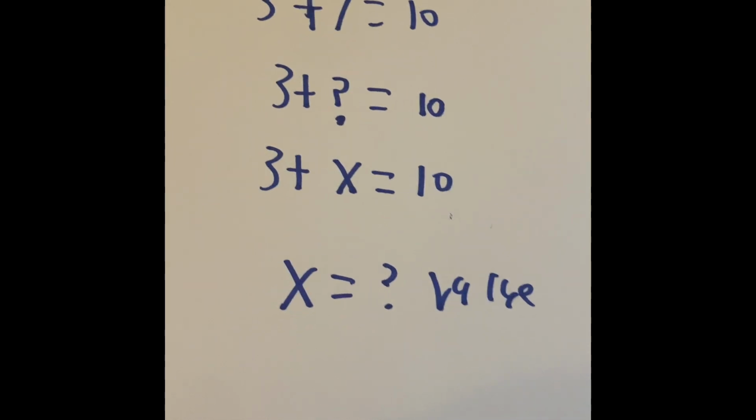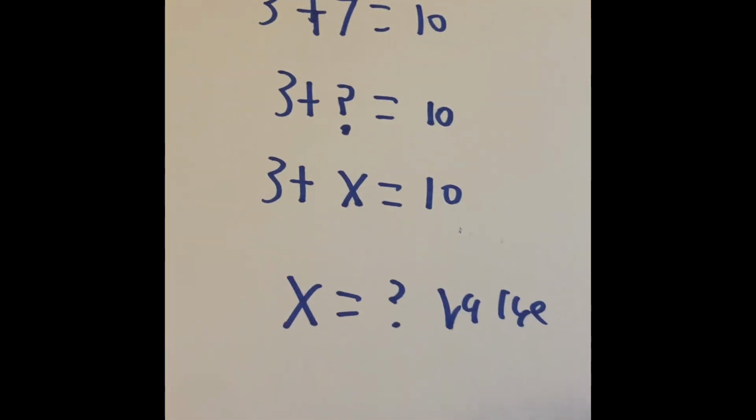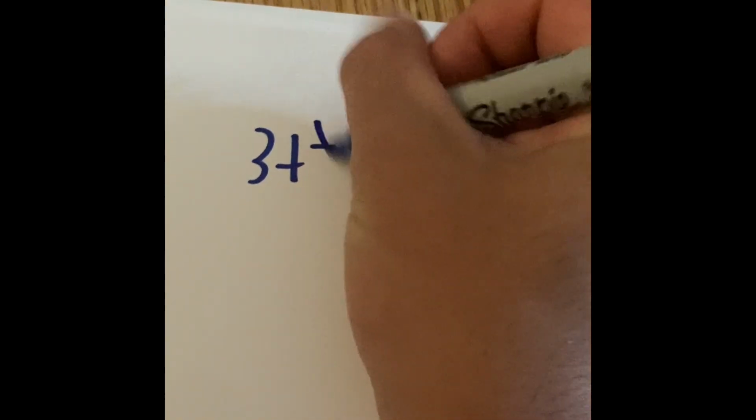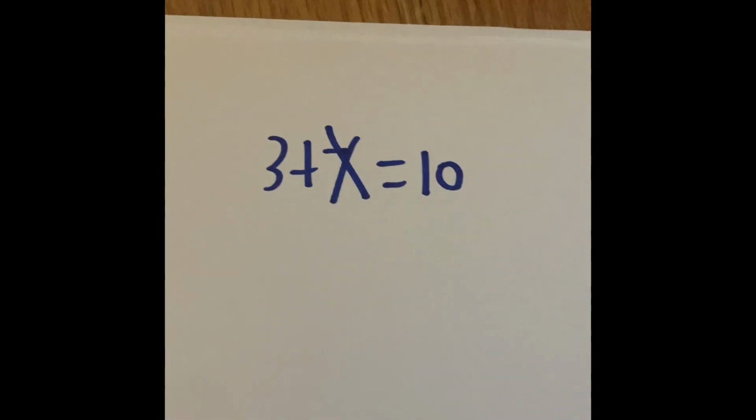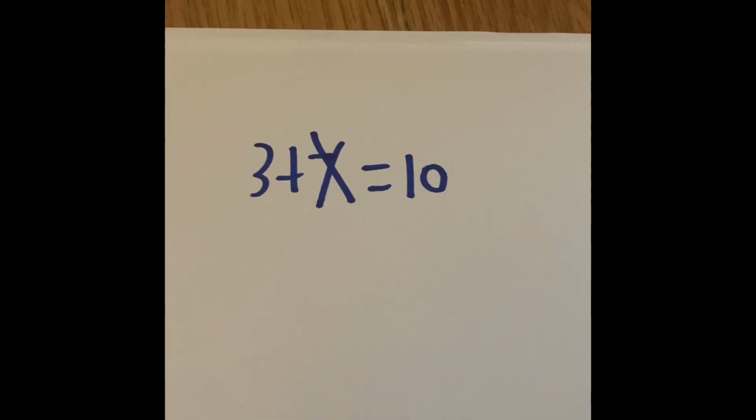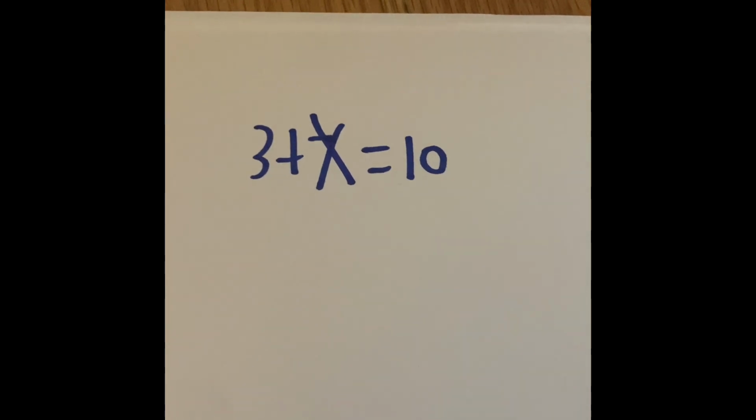For example, if we try to find out what x is, let's rewrite the problem. So we have 3 plus whatever x is going to equal 10. When you do math, you usually try to solve to get to an answer.